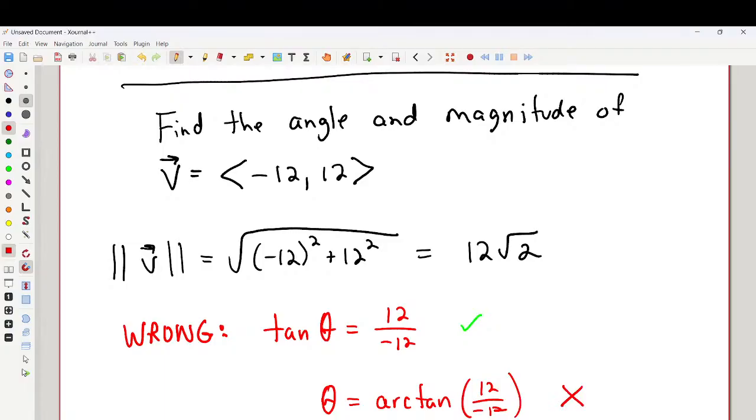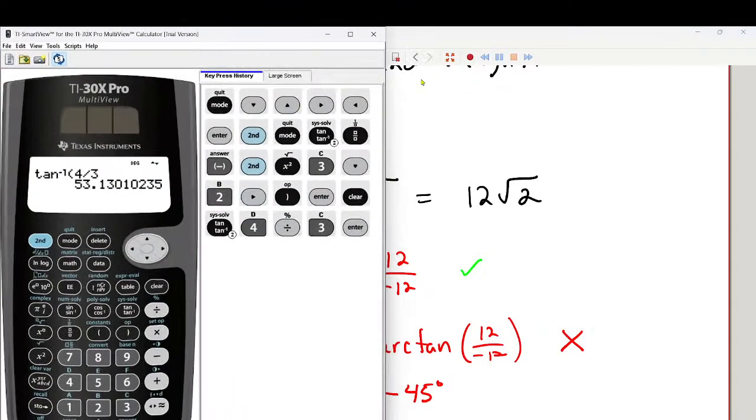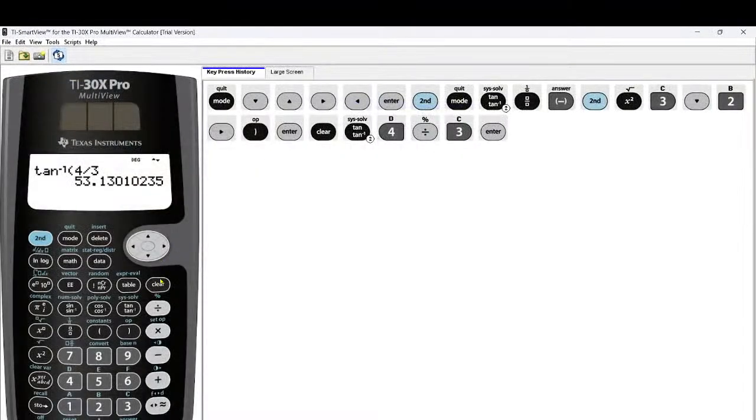Wrong, because I already know what it makes: -45 degrees. That's -1, and arctan of -1, we should have this in our memory close enough, is -45 degrees.